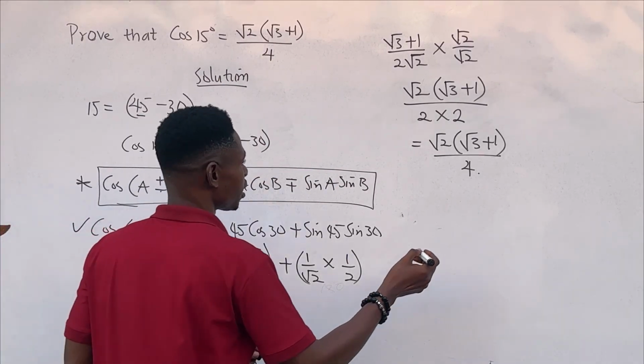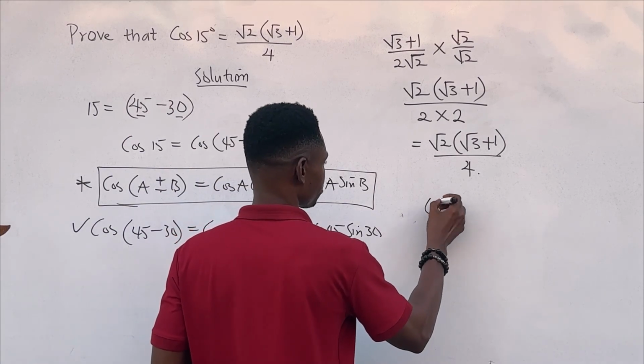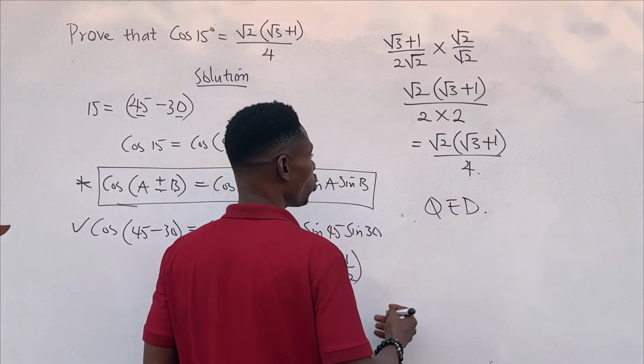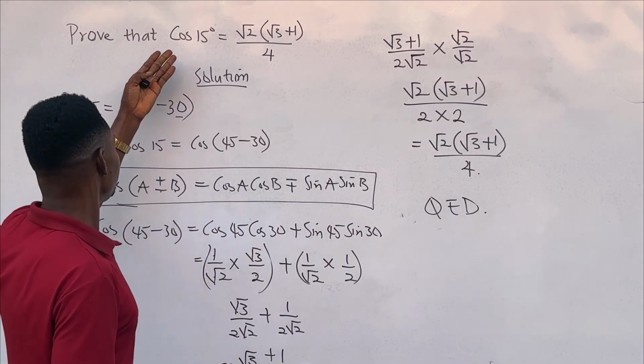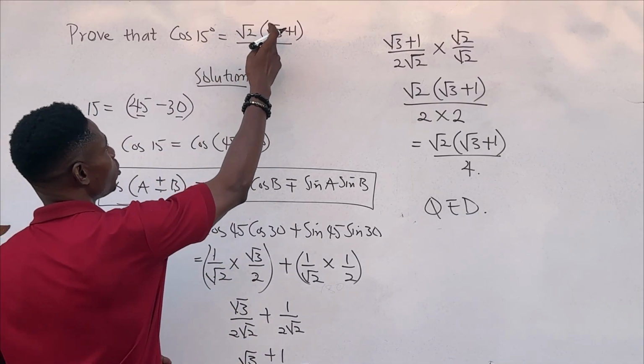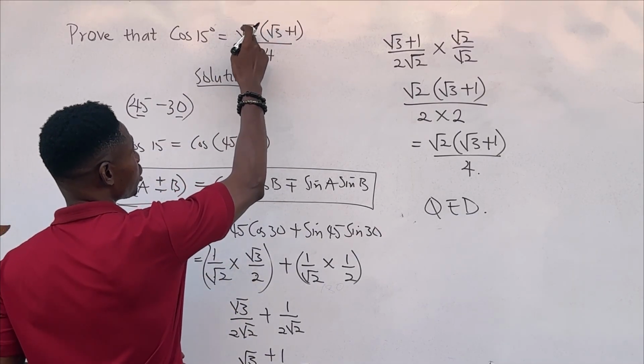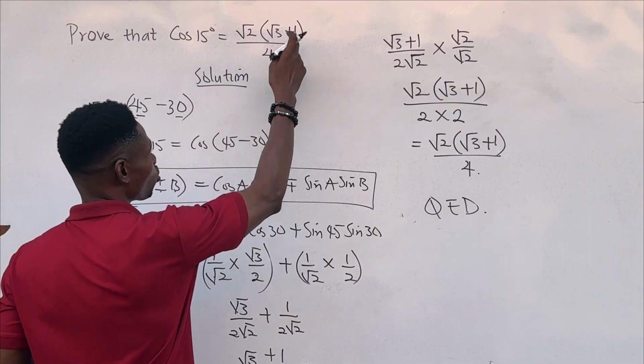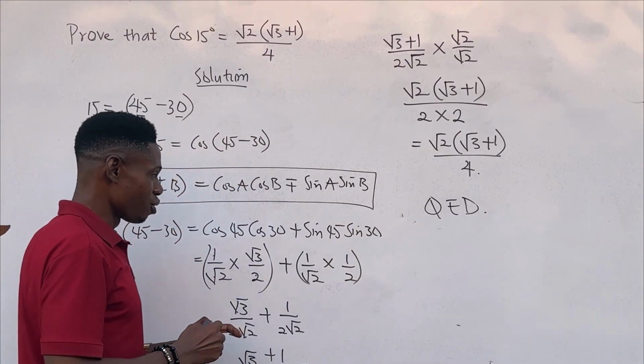So with this, I think we have proven what we wanted to prove. So cos 15 is actually root 2 into root 3 plus 1 over 4.